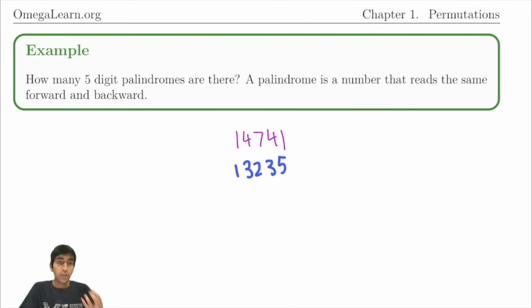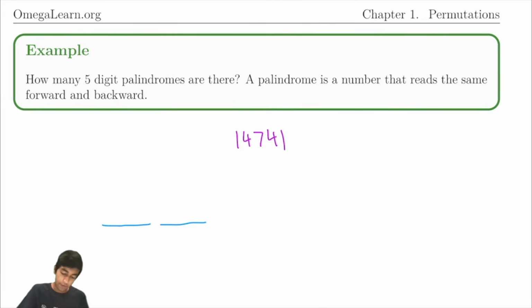So what must be true for the number to be a palindrome? Well, for it to read the same forward and backward, the first digit and last digit must be equal, right? Otherwise, it won't be the same reading it from left to right or from right to left. So if we have a 5-digit palindrome, let me draw 5 digits. The first and the last ones must be the same.